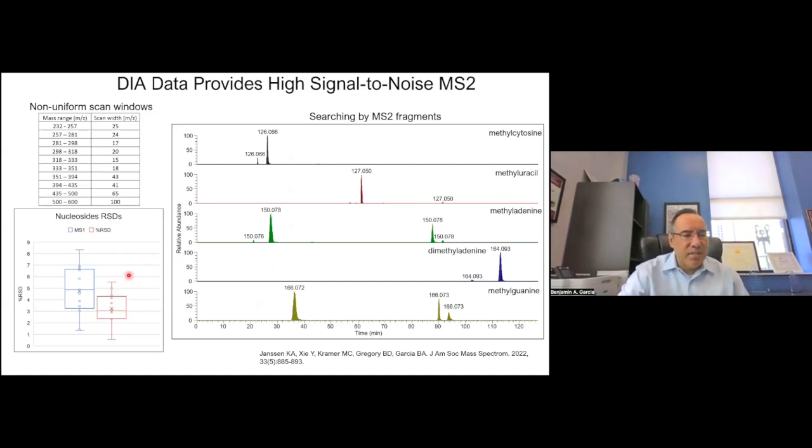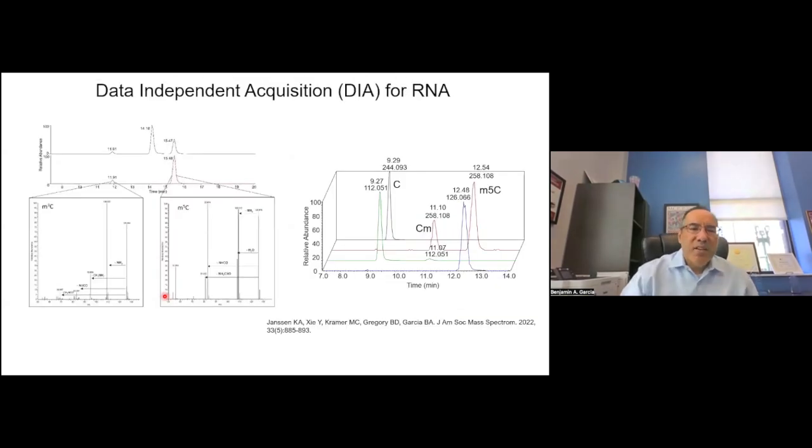That's something that's been observed a lot in the proteomics world as well, so nothing super new there. But at the same time, this does improve the quantification of mononucleosides, and also allows for differentiation of isomers quite easily by inspecting and reconstructing the MS2 spectra, where maybe you wouldn't trigger a low-level species with a DDA approach.